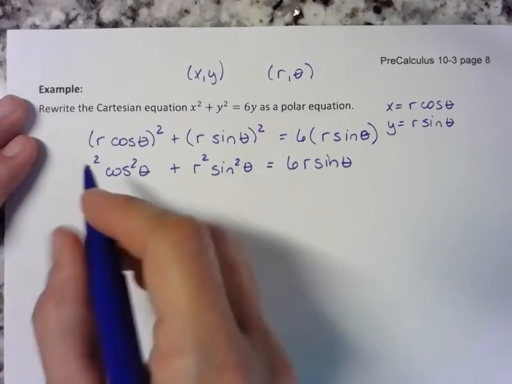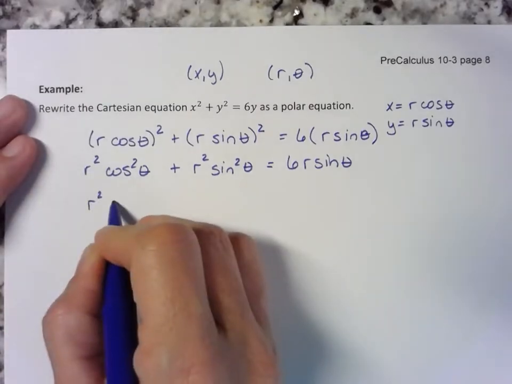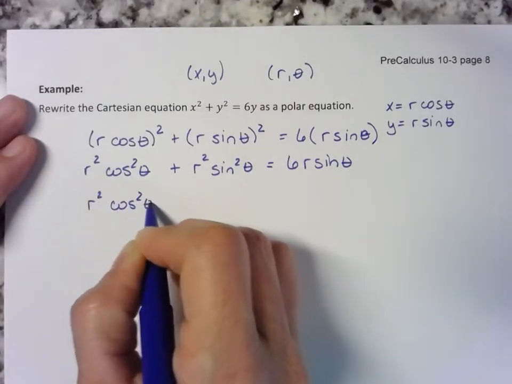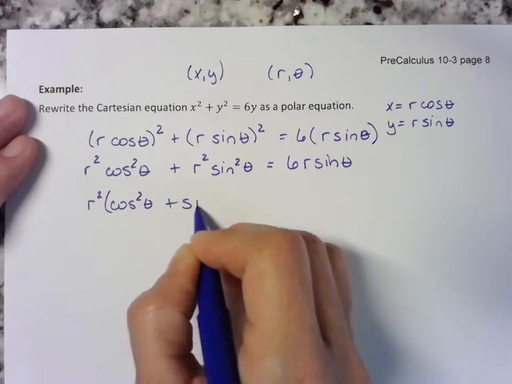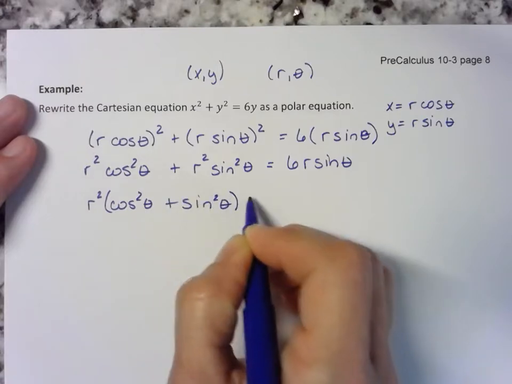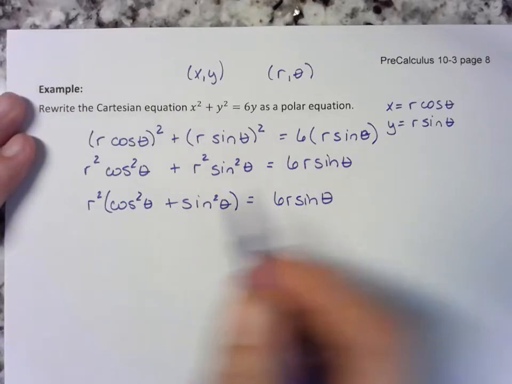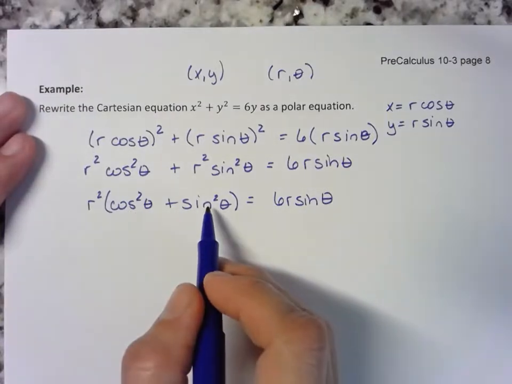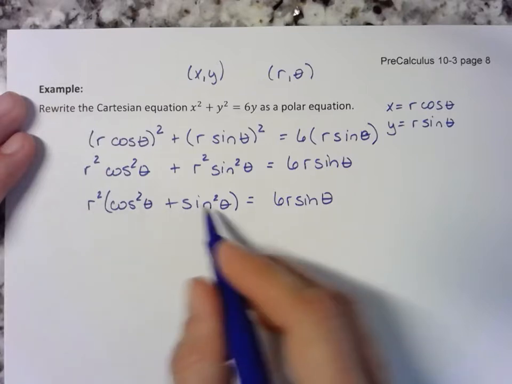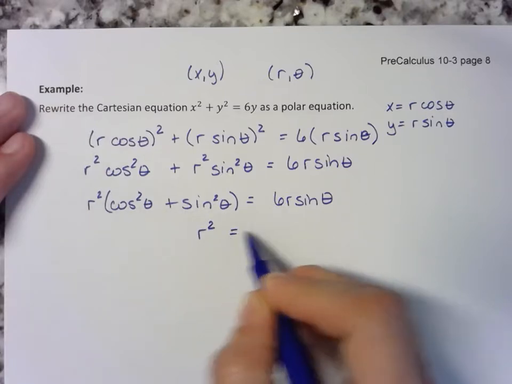We can factor an r squared out. And remember, cosine squared plus sine squared is 1. So 1 times r squared is r squared.